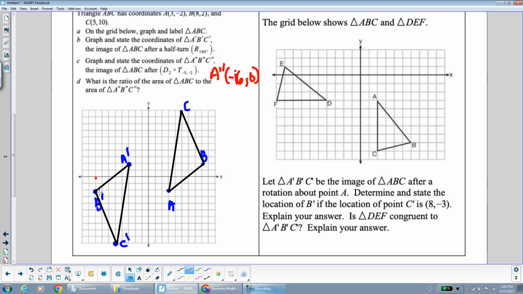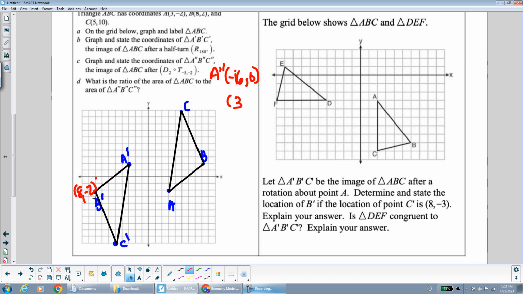Okay. B prime. We're going to go left 5 units. I can't even graph that. So let me write down this point over here. If I take the point 8, -2, so I'm subtracting 5 from the x coordinate. So if I subtract 5 from the x coordinate, that would be 3.